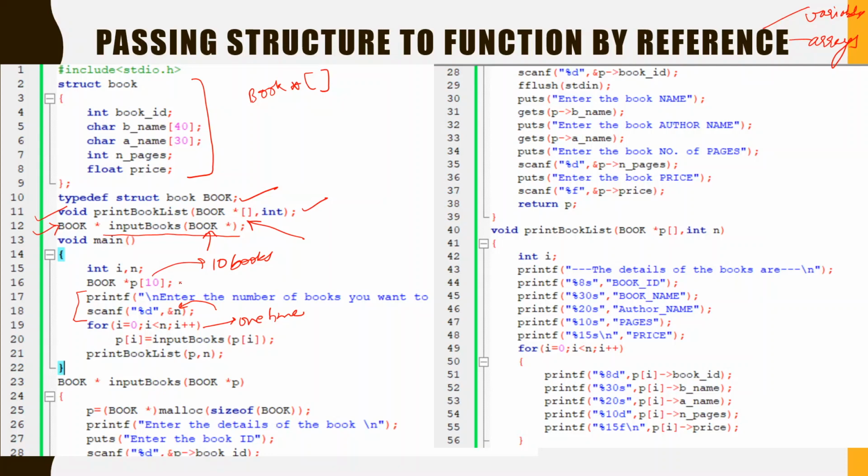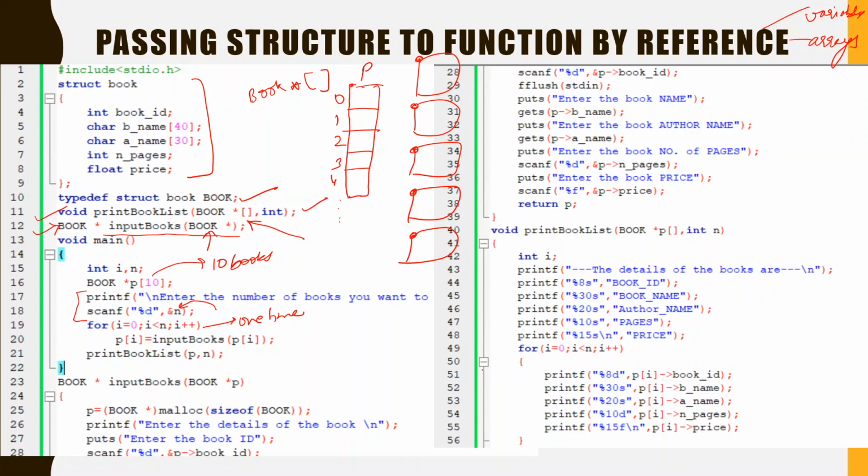Since this is an array of pointers, it means it is an array which has the base addresses of multiple structure variables. Suppose these are the addresses. Currently these have not been allocated, but this is P, and this is P0, 1, 2, 3, 4, and so on.